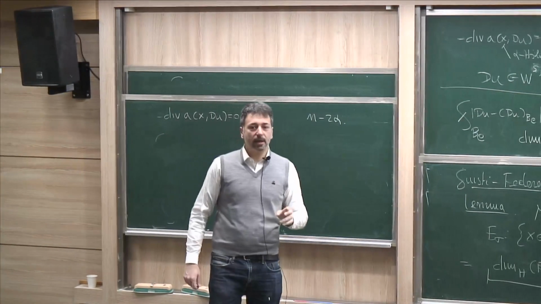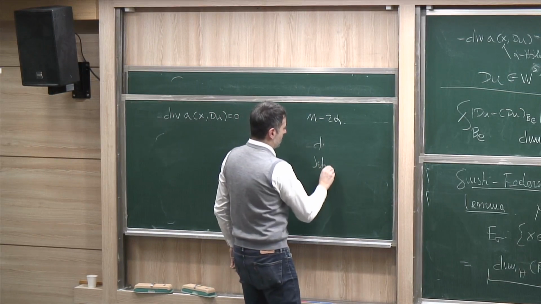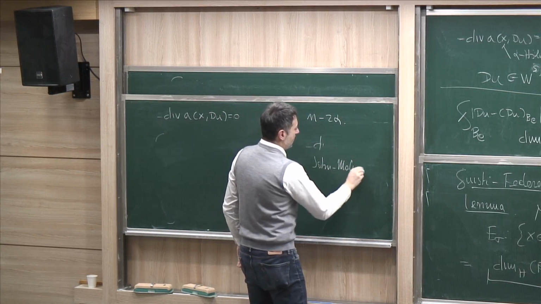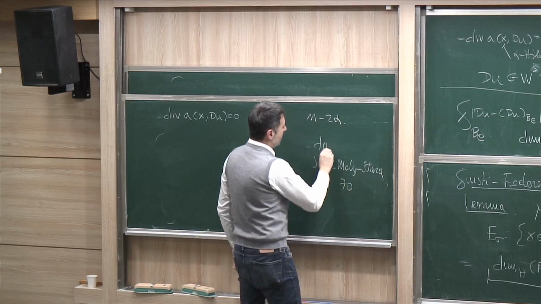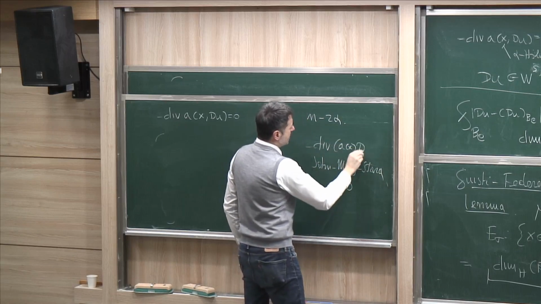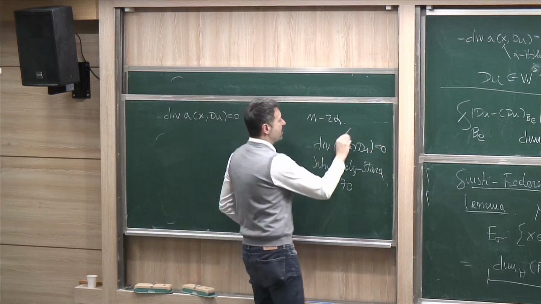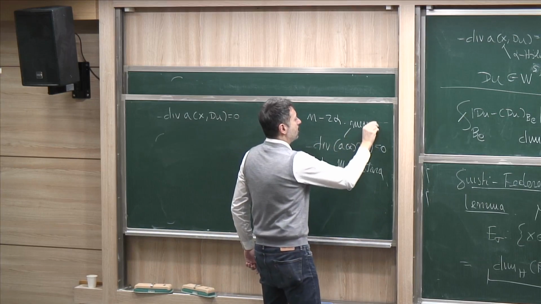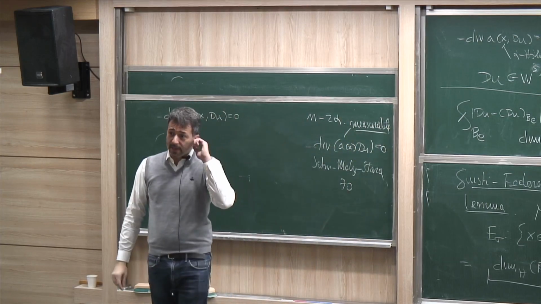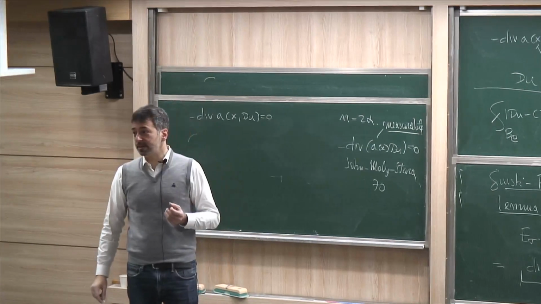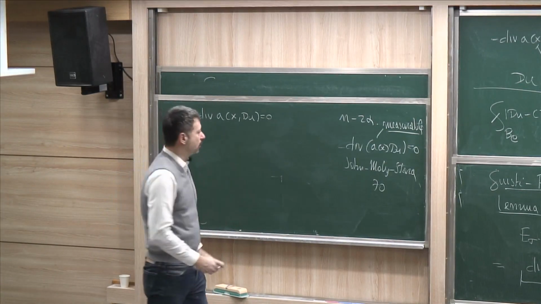There are nice counterexamples of Necas, Malý, and Šverák from the Prague School in the 70s, where they get a simple linear system with measurable coefficients, and you can prove that even partial regularity fails. So the set of singularities is dense.